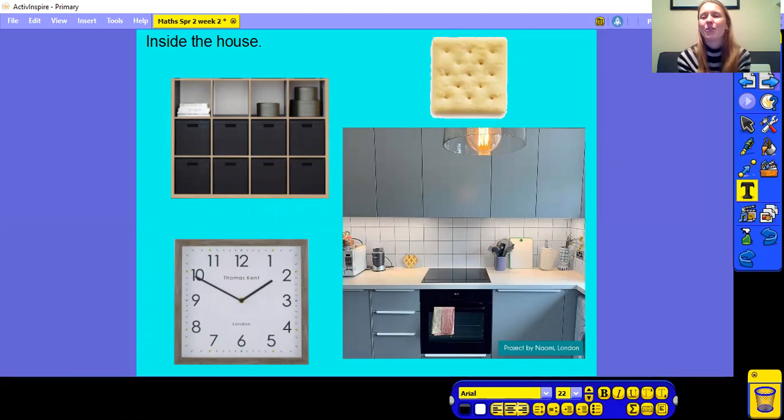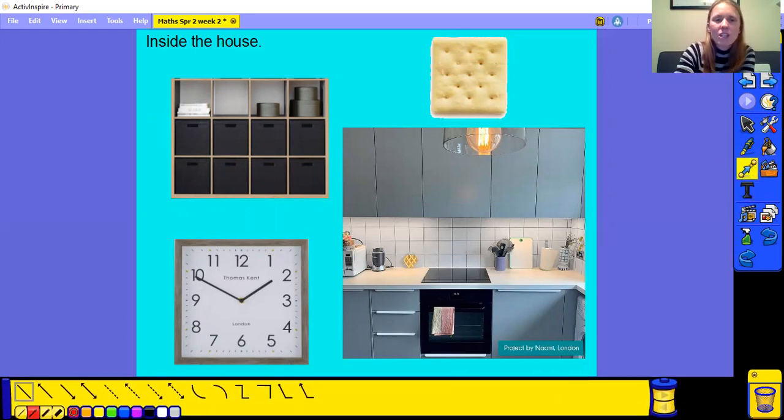Okay, now that you've had a look, let's find the squares. Remember that a square is a special kind of rectangle. It has 4 equal sides, so all 4 sides are the same, and it has 4 corners. So let's have a look. Which of these shapes have 4 equal sides?